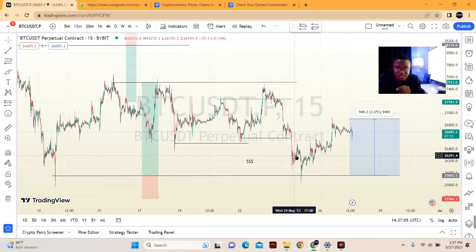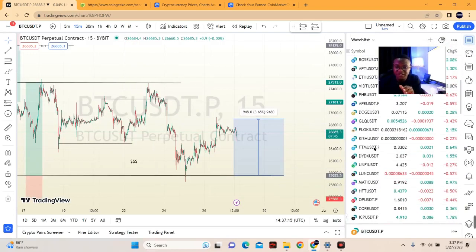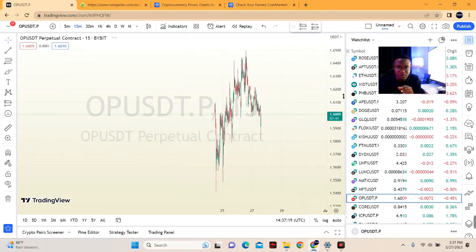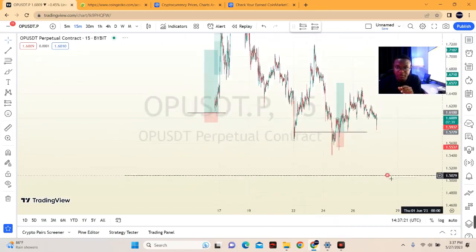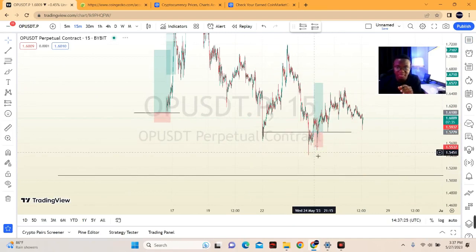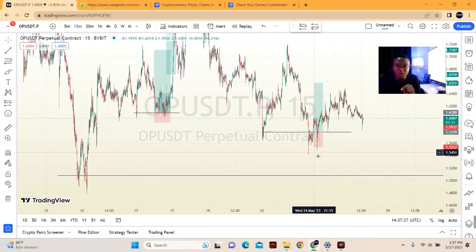Bitcoin price was here, which means that Bitcoin still needs to drop further down. But let's assume that Bitcoin is not having an effect on the market. OP should have bounced off from here, from this zone, without even coming down to hit this stop loss. But because of what we call Bitcoin correlation, Bitcoin is yet to get to its support zone.